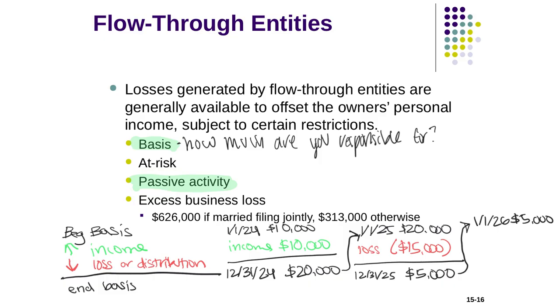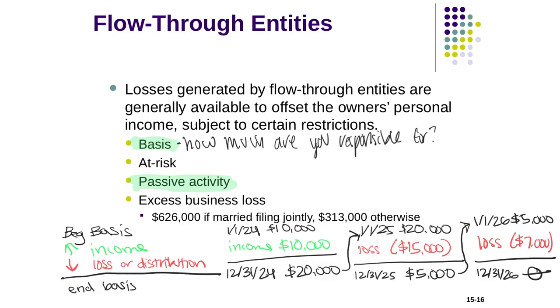Let's say we had another loss, but it was $7,000. Our ending basis for 2026 will become 0, since that loss can't bring our basis down into a negative number.